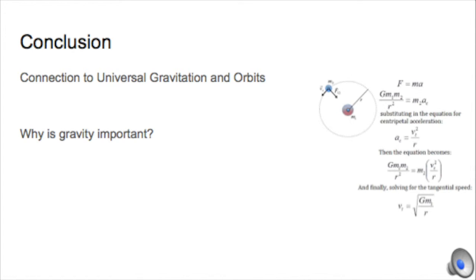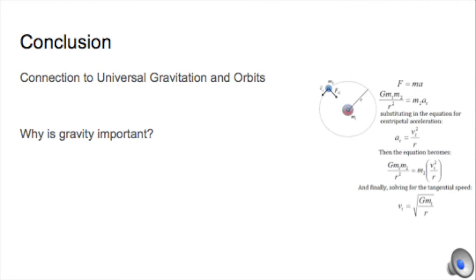Finally, to wrap this all up, we want to show the escape velocity's connection to an important unit in the AP Physics 1 curriculum and workbook: universal gravitation and orbits. This equation from escape velocity can also be derived from the force of gravity equation, GMm over r squared, equals ma.